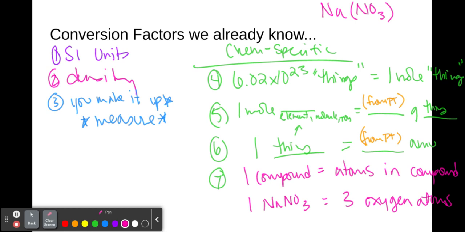Now, some people really don't like this one because they'll say, well, one sodium nitrate compound is not only oxygen atoms, right? But if I say, hey, I'm making that awesome cake you made on your mom's birthday, how many eggs do I need? And you say 2 eggs, 2 eggs for 1 cake, right?